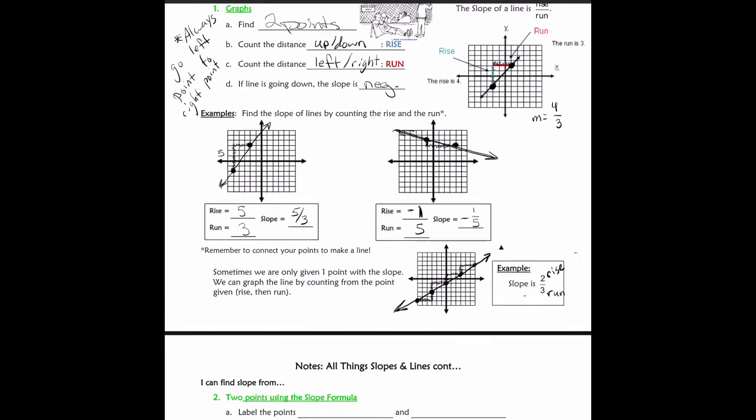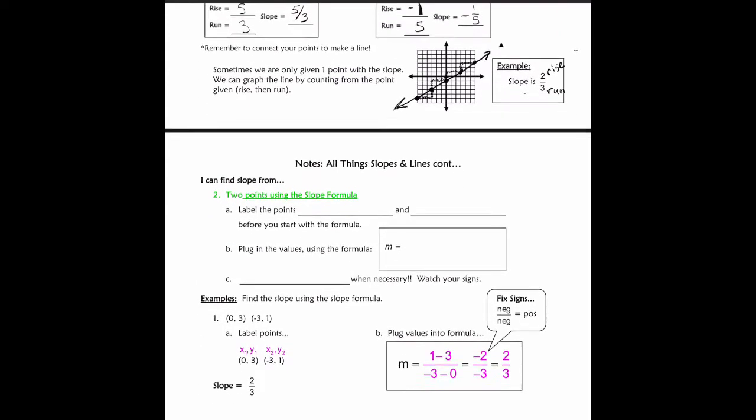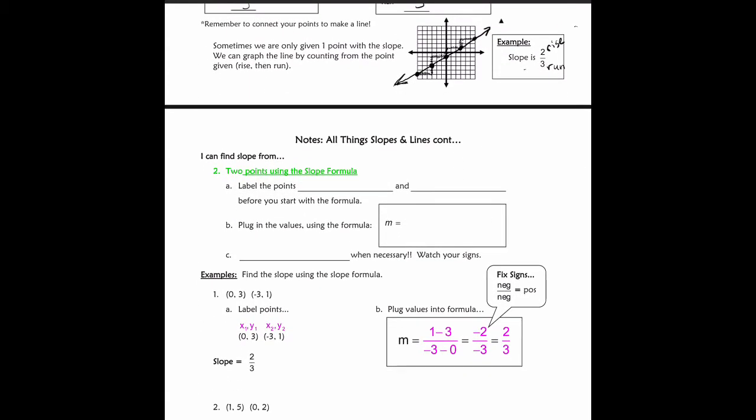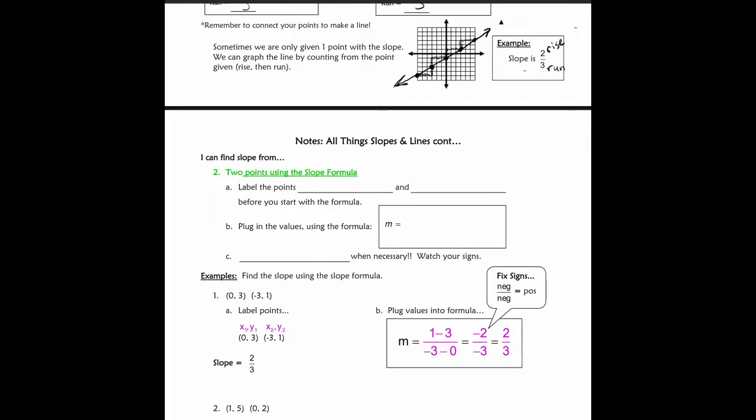Now, the next way we can find slope is by using the slope formula. So to use the slope formula, I'll be given 2 points, and I'm going to label my 2 points x1, y1, and x2, y2. I would always start there, right? That way we can see what x1 is, what x2 is, what y1 is, what y2 is.